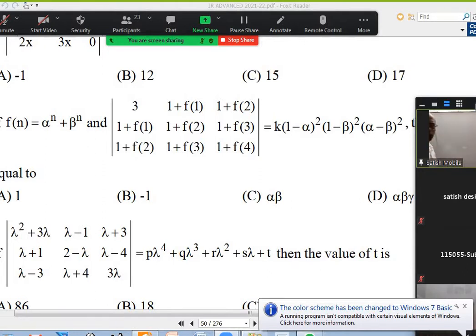Okay. This determinant, when I expand it, it will be 1 plus 1 plus 1, 1 plus alpha plus beta, 1 plus alpha square plus beta square. And this is 1 plus alpha plus beta.